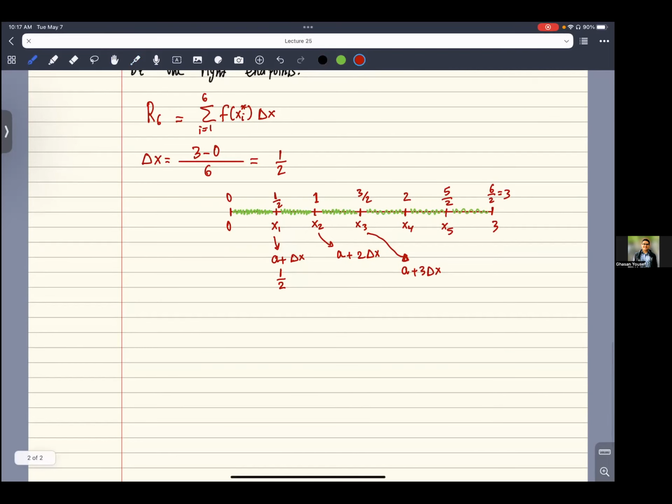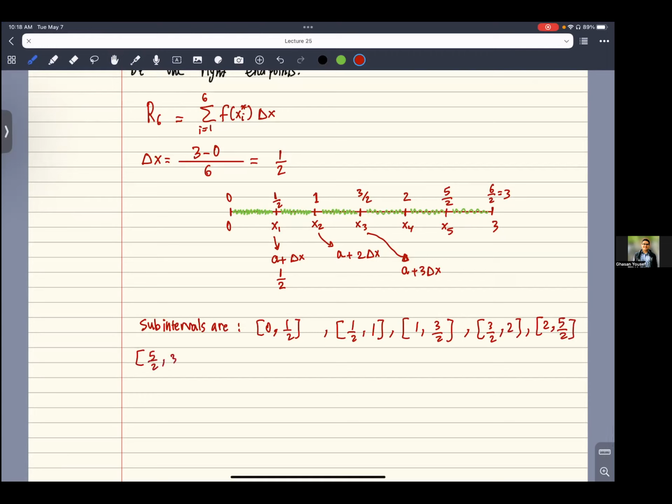So here the subintervals are 0 to 1/2, 1/2 to 1, 1 to 3/2, 3/2 to 2, 2 to 5/2, and the last one is 5/2 to 3.